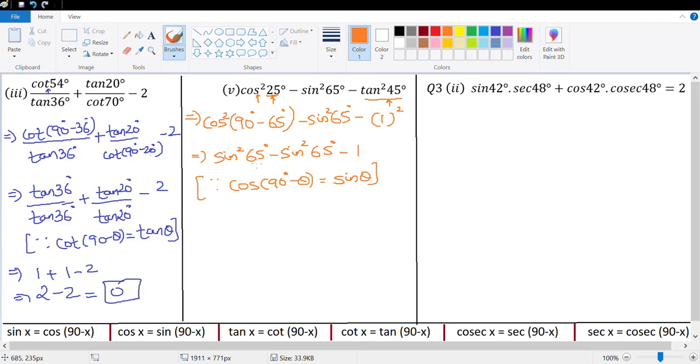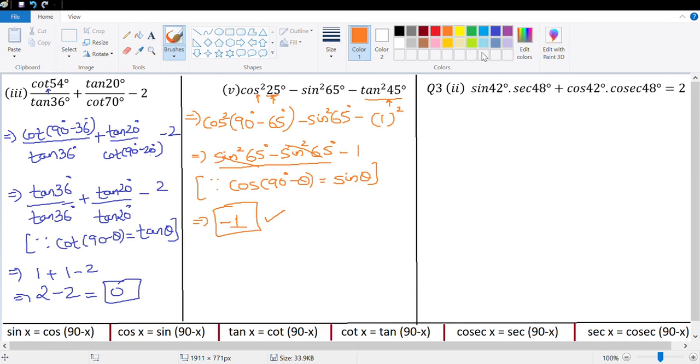So I've changed cos 90 minus theta into sine theta. So these two terms cancel out. This is sine square minus sine square, same angle. So this is equal to minus 1. These two terms cancel out and my answer is negative 1.